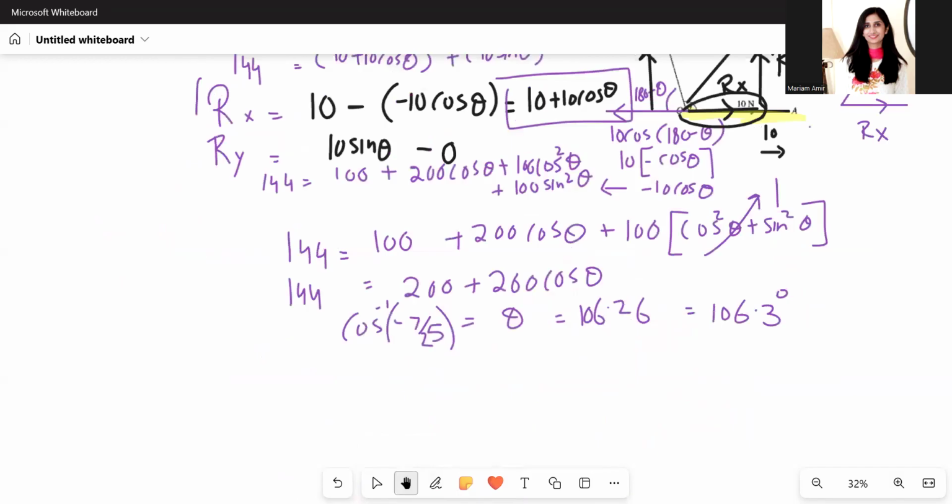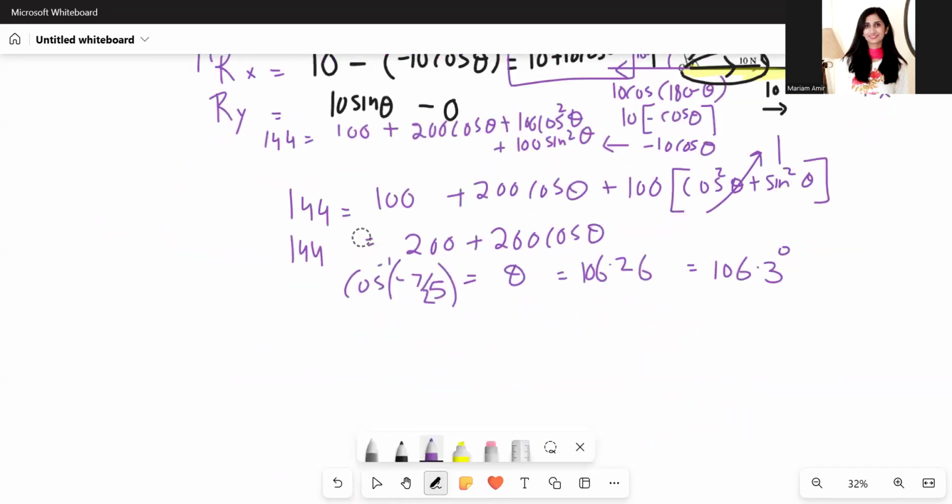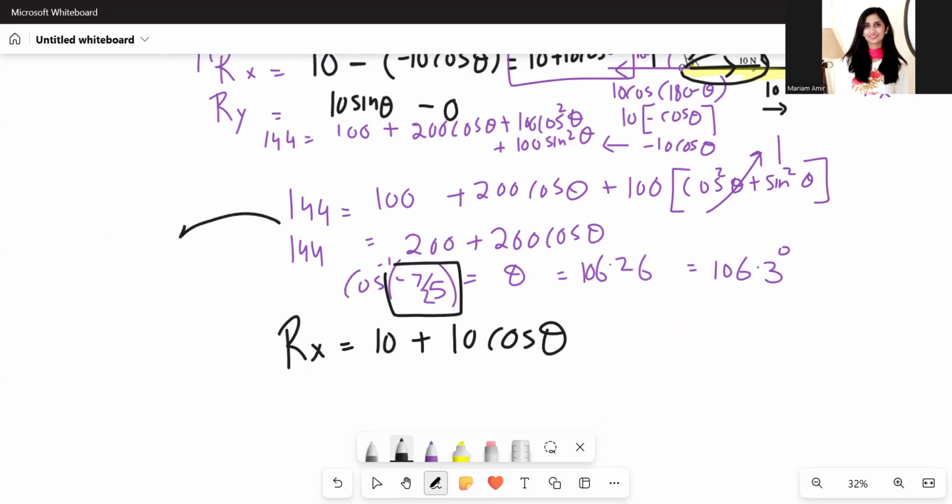So let's replace theta with the value we just got. Rx is equal to 10 plus 10 cos theta. In fact, cos theta can also be replaced with minus 7 over 25, because when you were simplifying it, somewhere by the end you did get cos theta equals minus 7 over 25.